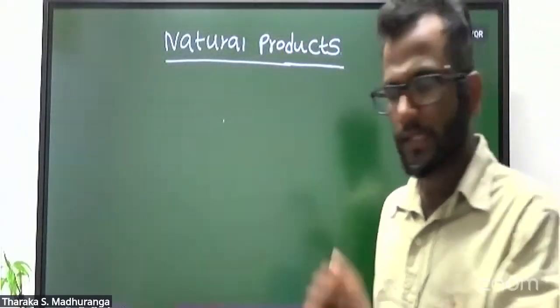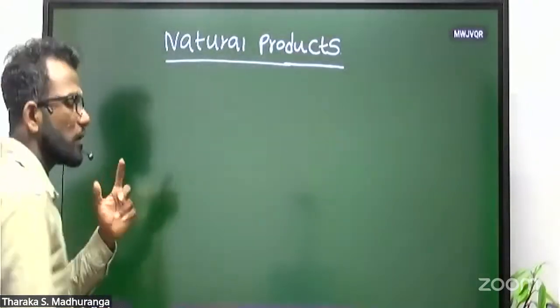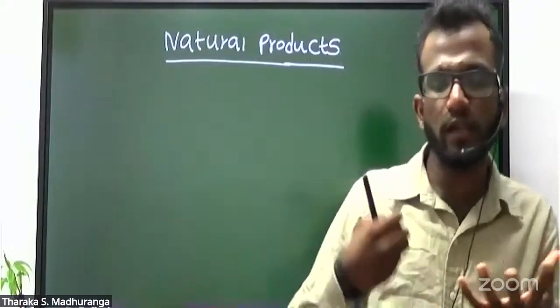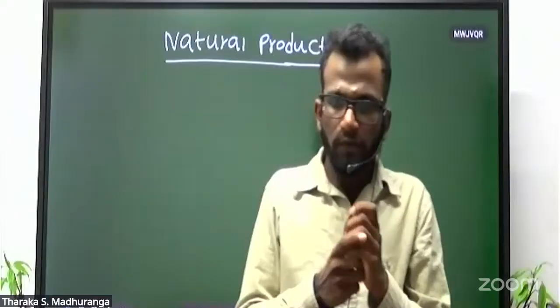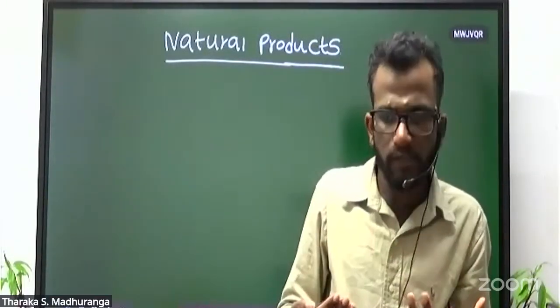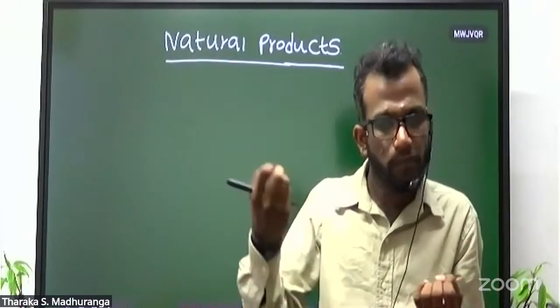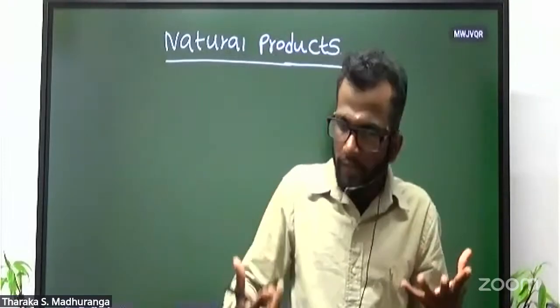What we discuss in this lesson is natural compounds used in different industries. Natural compounds we can use for different industries are the natural products. The industry can be medicine production.